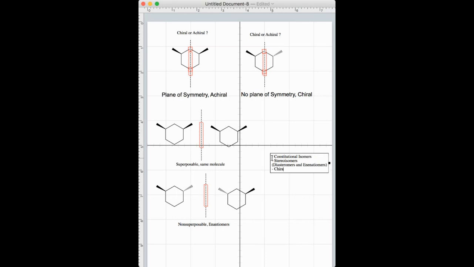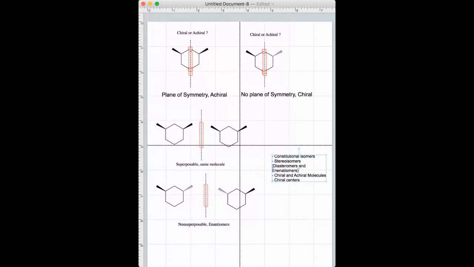You need to know chiral and achiral molecules. Basically, when you're looking at a molecule to identify if the molecules are chiral or achiral, and we also learn to assign chiral centers in molecules: an sp3 carbon with 4 different groups bonded to it, okay? So these are the things that I think you should know after this chapter.